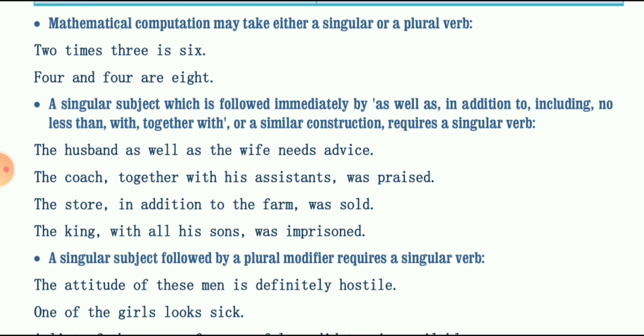The coach together with his assistants, the subject is the coach, was. The store in addition to the farm, the store is singular, so we will use was. The king with all his sons was. We are to find only the subject and the helping verb or main verb in this chapter and nothing else.